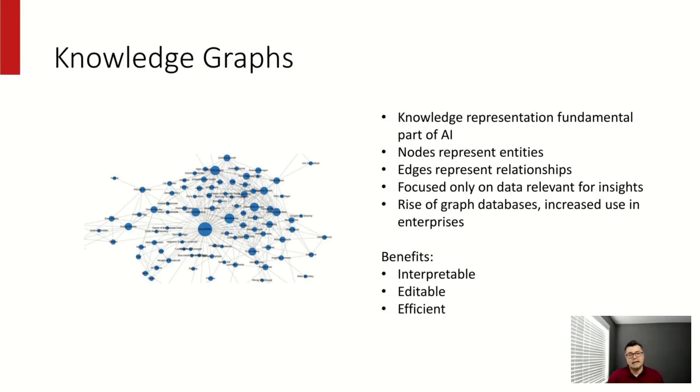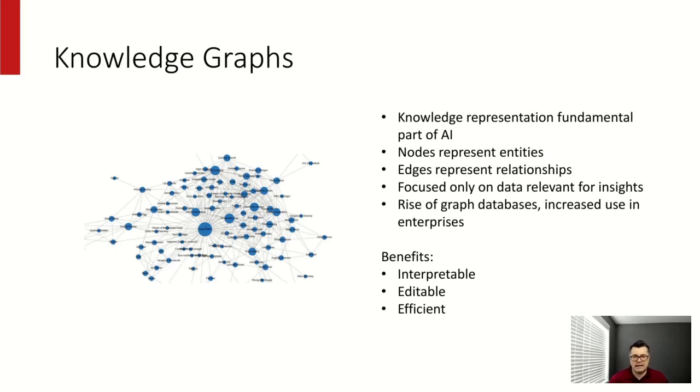More recently, technology called native graph databases has been developed, and this is since 2008 or 9. Neo4j was the first database, and this sort of opened up this world to enterprises, to businesses. And so there are currently a lot of businesses which apply knowledge graphs internally.